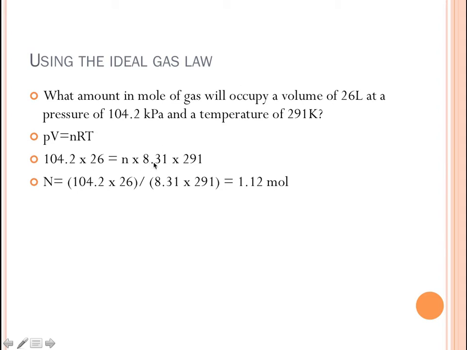It's not in our question, but remember that was our R, our gas constant, which is in your data book. Then we simply rearrange, and we would find that that would be equal to 1.12 moles. Now notice we didn't have standard temperature or standard pressure, but this equation still works.